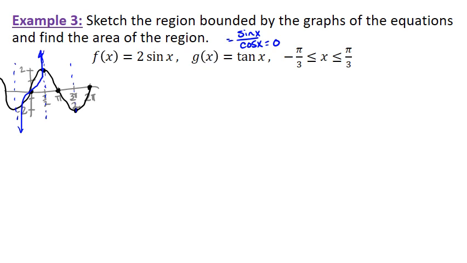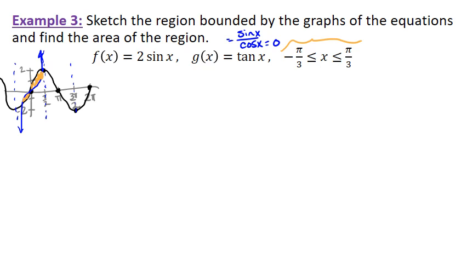Okay, so we are interested in the interval from negative pi over 3 to pi over 3, which happens to be these guys here. And I know it's hard to tell by my illustration, but these are actually symmetrical regions.